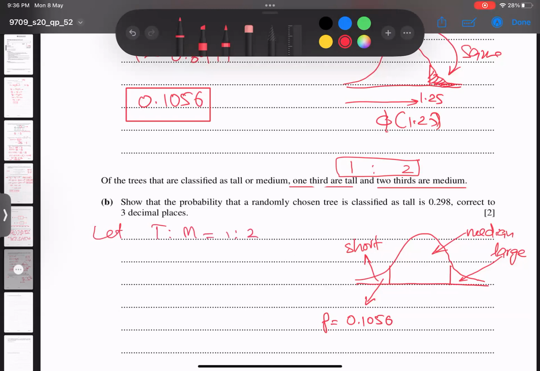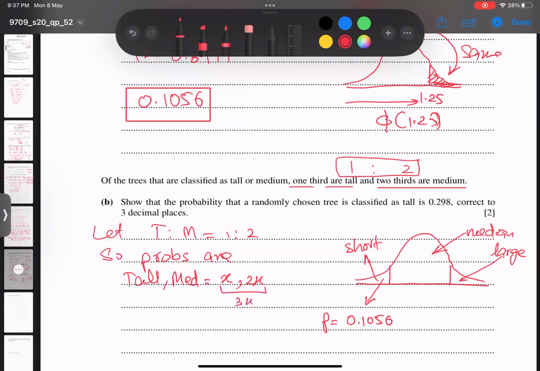When I multiply by one common number, it will give us the probabilities. I multiply by the common number x, so the probabilities become x and 2x. These are the probabilities for tall and medium. If you add them all, you get 3x.